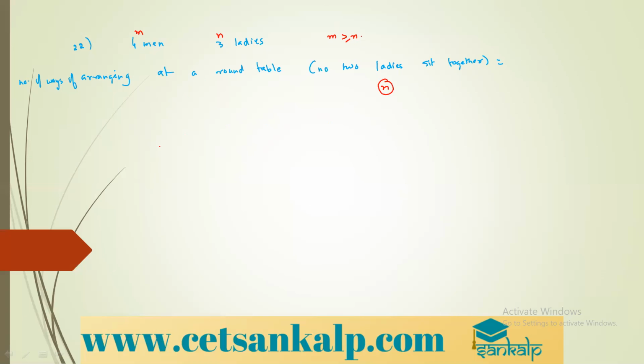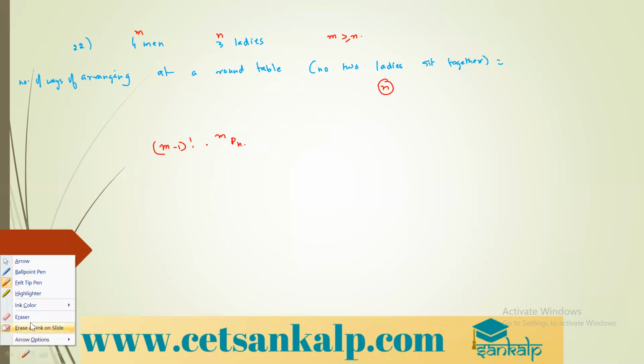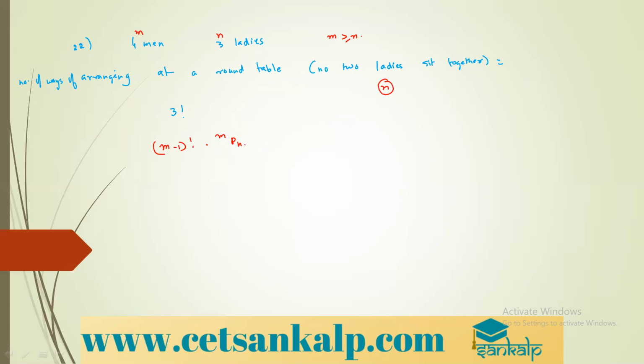Then the formula is (m minus 1) factorial into mPn. Using this formula, we will get (4 minus 1), that is 3 factorial into 4P3.